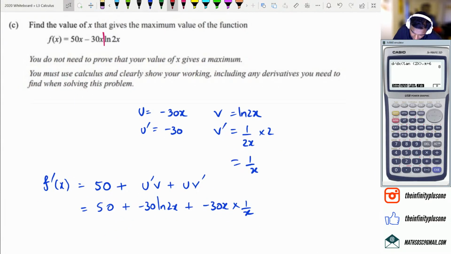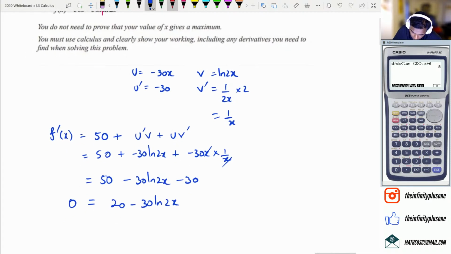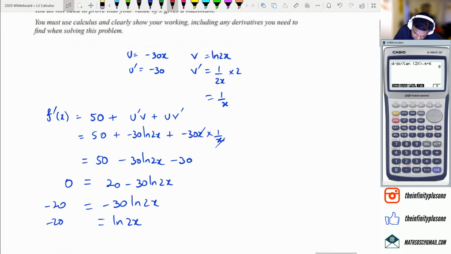So when I actually do this, I'm going to get 50 minus 30 ln of 2x, and my x's cancel out and I'm left with minus 30. So I've got 20 minus 30 ln of 2x, and this is now equal to 0. So rearranging it, we're going to get negative 20 equals negative 30 ln of 2x, or ln of 2x equals negative 20 divided by negative 30.